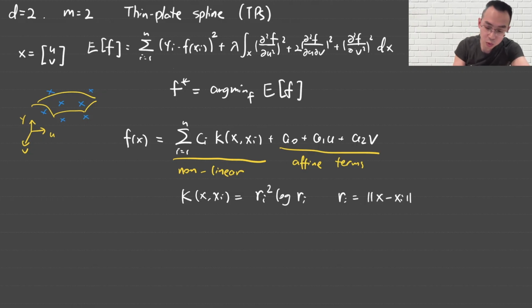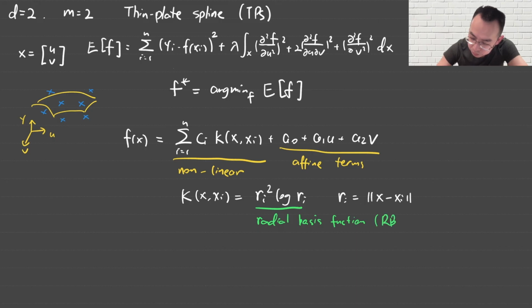This is also called the radial basis kernel because r_i is like the radius from each data point to x. So it's called the radial basis function, or RBF. That's going to be the solution to this problem.